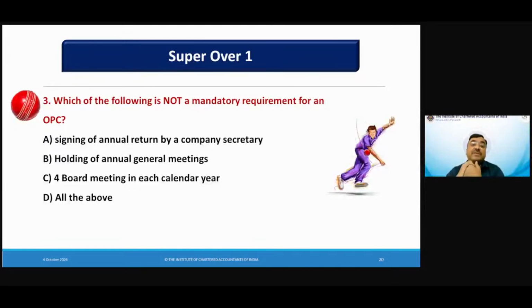The question is, which is not mandatory? Whether A is mandatory, whether B is mandatory, whether C is mandatory. If nothing is mandatory in ABC, then D is the answer. So please read carefully.